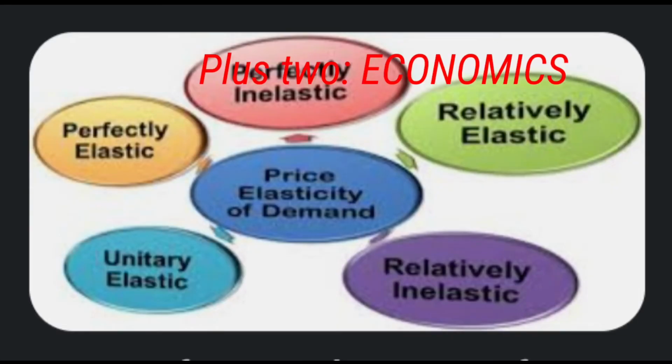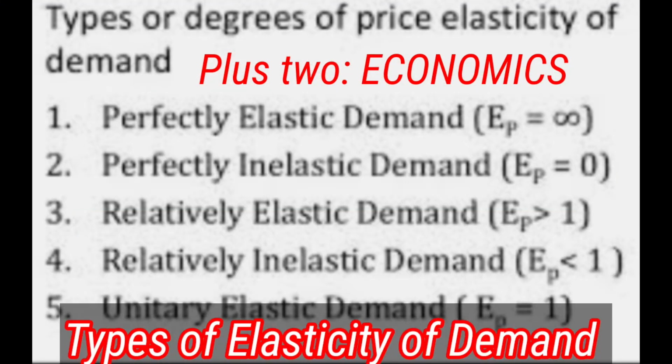We are going to study the types of elasticity of demand. There are 5 different types. 1. Perfectly elastic demand, EP is equal to infinity. Then perfectly inelastic demand, that is EP equal to 0. And relatively elastic demand, that is ED greater than 1.